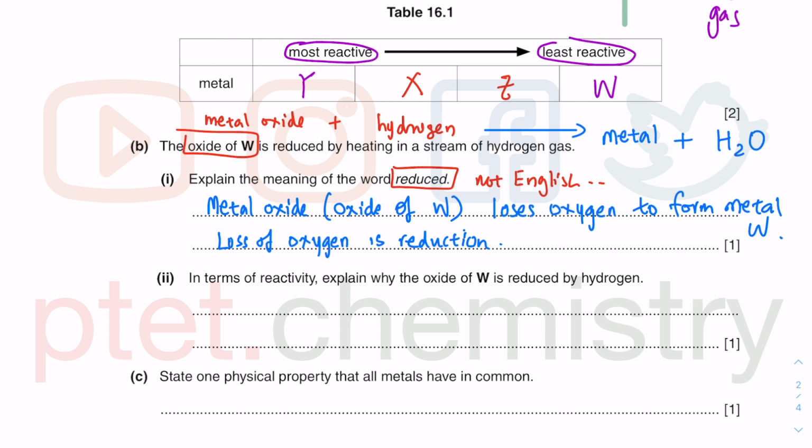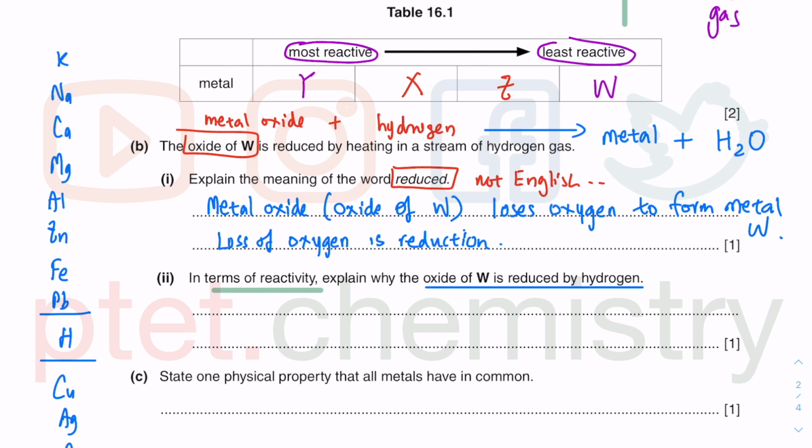In terms of reactivity, this is the reactivity series. We know about the Po, So, Ka, Ma, and then the Zil: zinc, iron, lead. We also know hydrogen is below lead, and then copper, silver, gold. We have an issue here where we don't know what W is, but we don't really need the Po, So, Ka, Ma, Zil, because this tells us that the oxide of W is reduced by hydrogen.